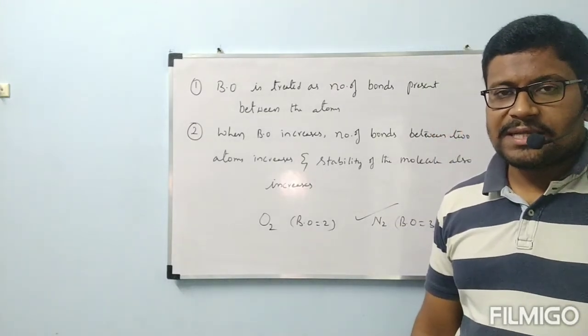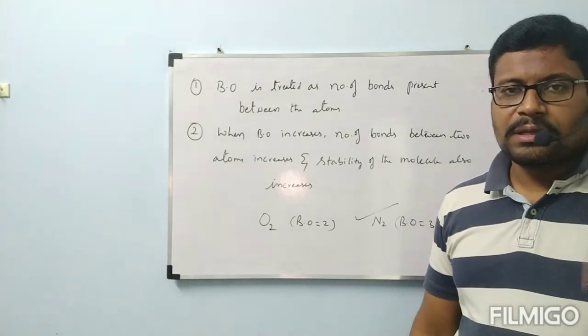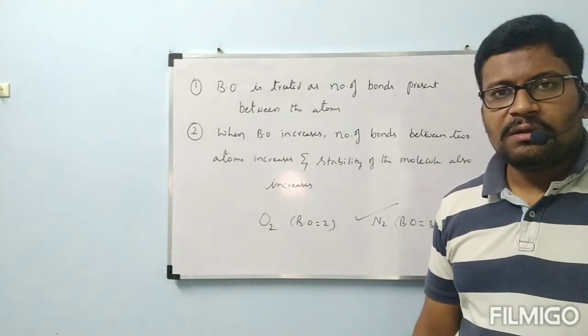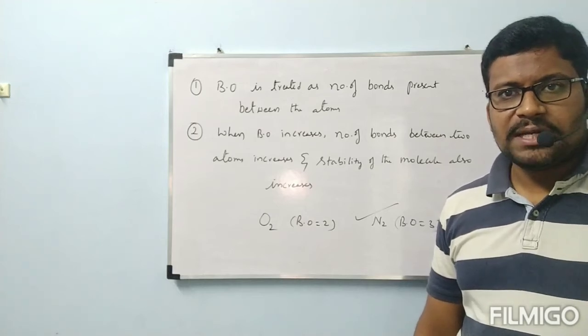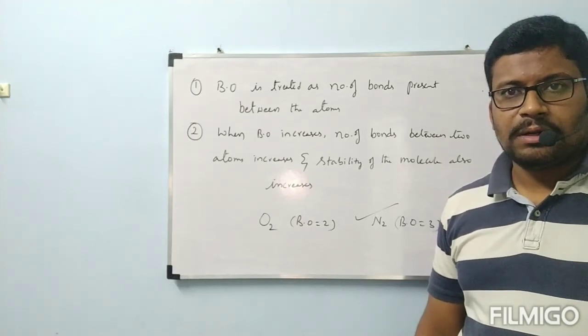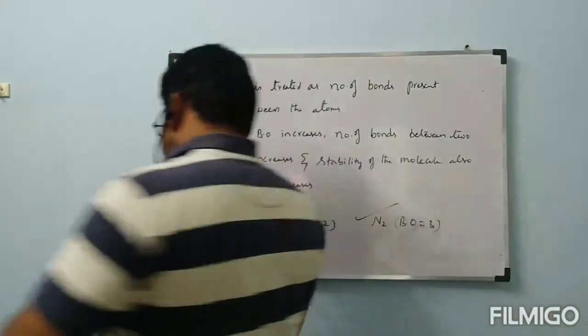The molecule which has higher bond order will be highly stable. The molecule which has least bond order will be least stable. Like that we can say.